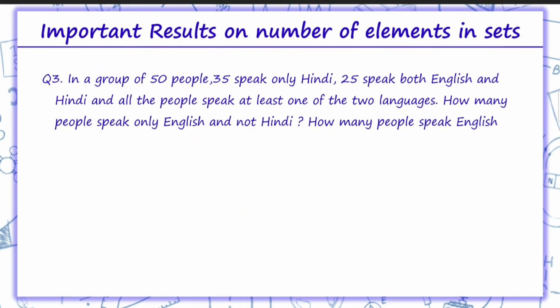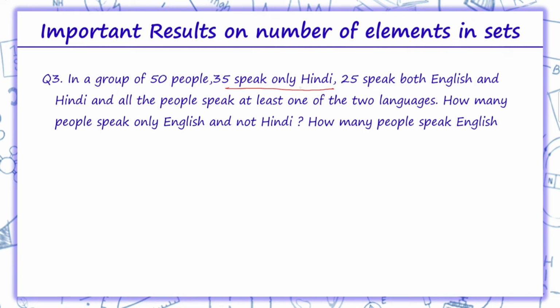The next question is, in a group of 50 people, 35 speak Hindi. So this is n(H), 35. 25 speak both English and Hindi, this is n(H intersection E), which is 25.